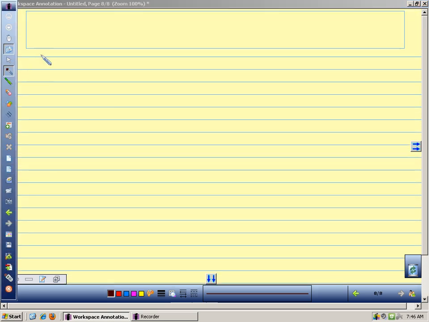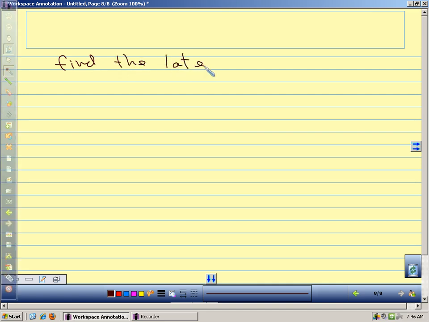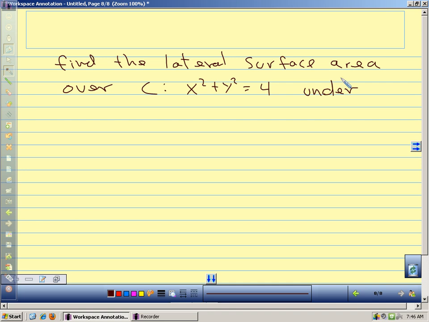So let's say we wanted to find the lateral surface area over this curve x squared plus y squared equals 4, under x squared minus y squared.